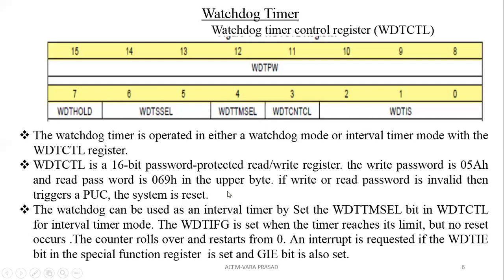In this interval timer, the watchdog timer counts the number of clock pulses. If it reaches a maximum value or its limit, then it automatically restarts counting from 0. It is not possible to reset the system then.